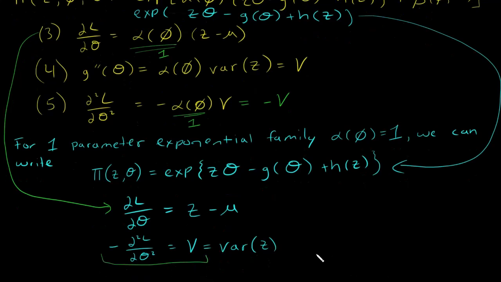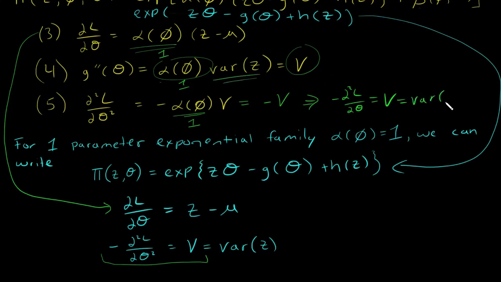And then that equals positive v. So let me write this. When you move the negative to the other side, you get negative the second derivative with respect to theta equals positive v. Positive v right here. When this is 1, so this is 1 here, it will just equal the variance of z, right, which is what you see here.